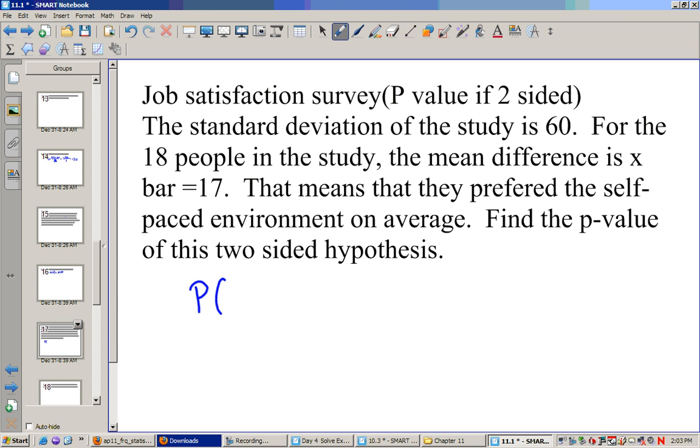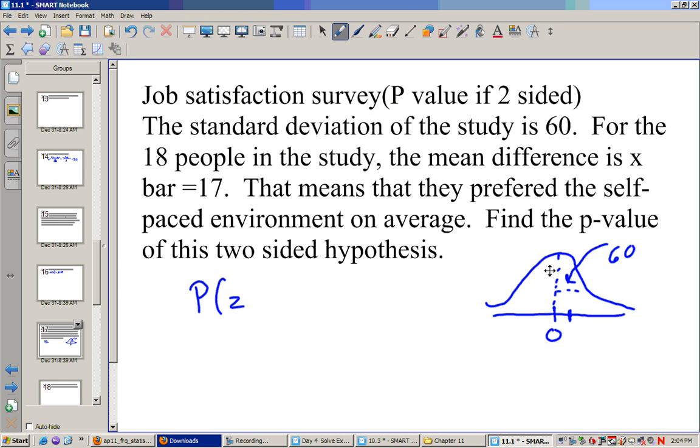So first, the probability that my z-score, now we get, if we take a look at this, our null was 0. And 17 was the observed difference, but the standard deviation was 60.